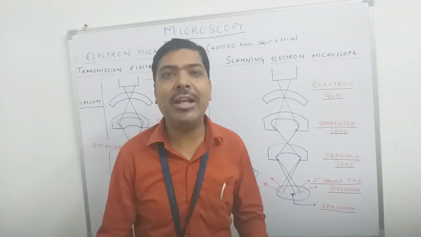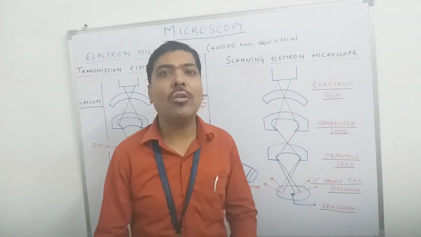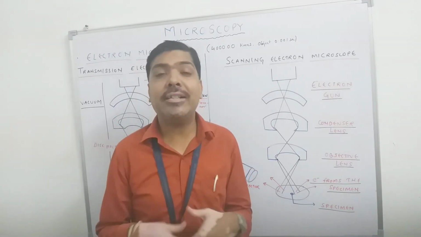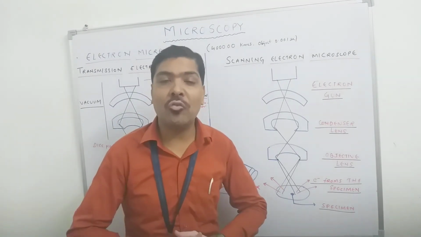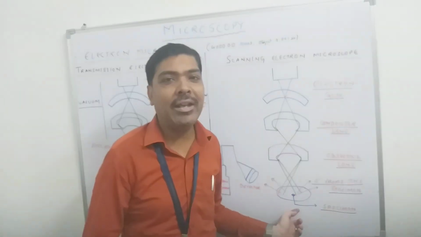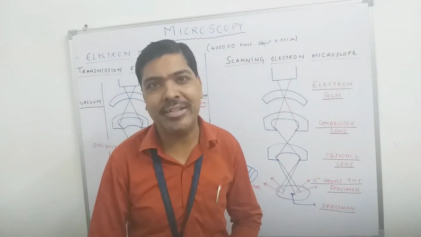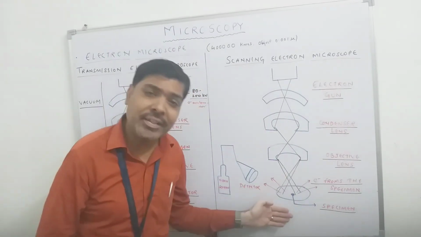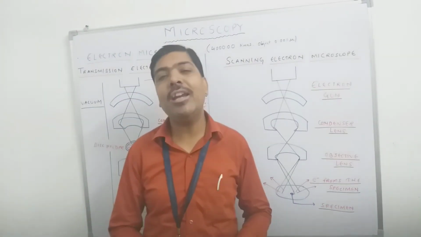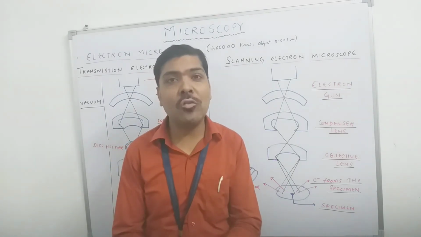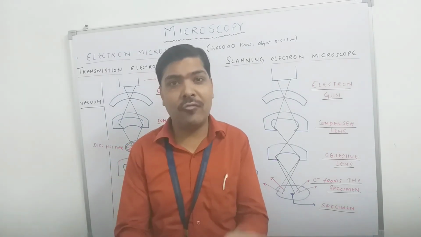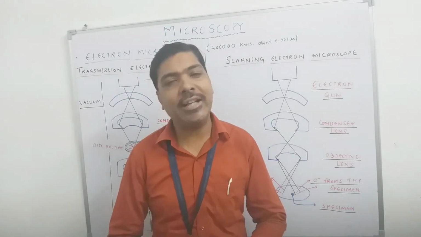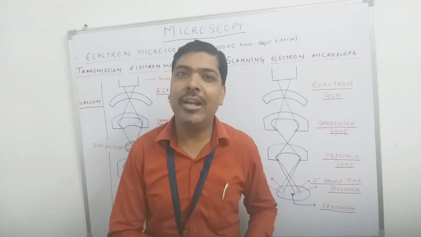Once these primary electrons are focused on the specimen, some electrons are emitted by the specimen, and these are called secondary electrons. So the electrons that we focus towards the specimen are the primary electrons, and the electrons that come out, reflecting from the specimen, are the secondary electrons.